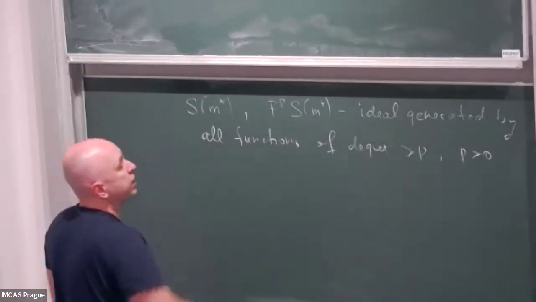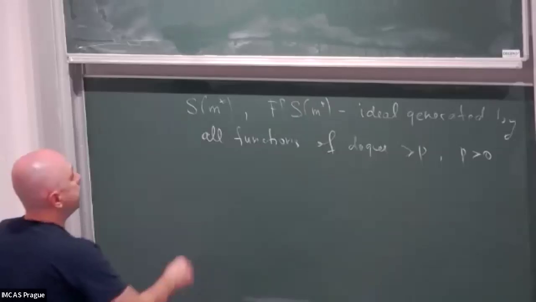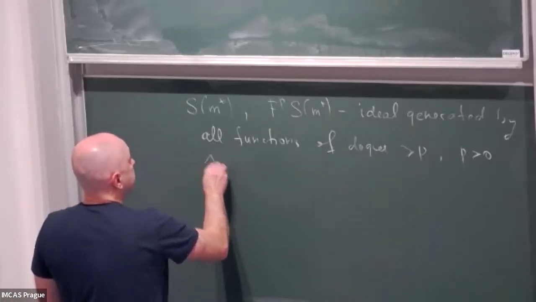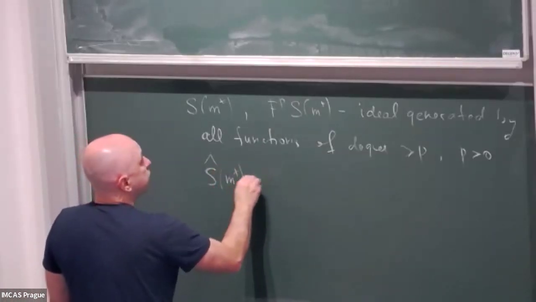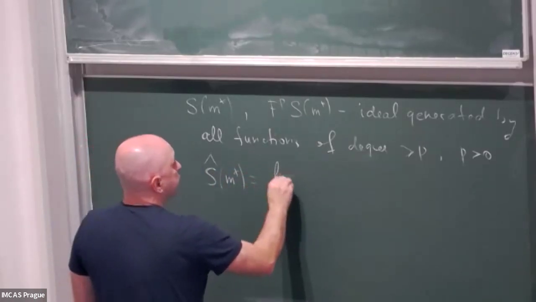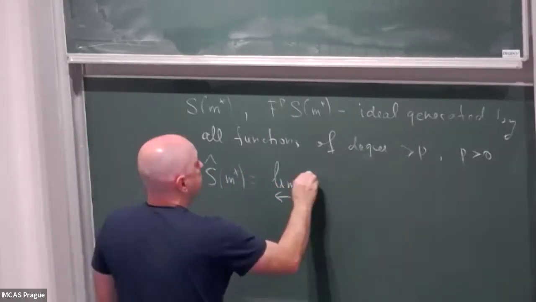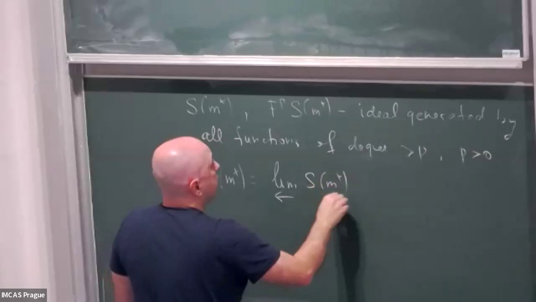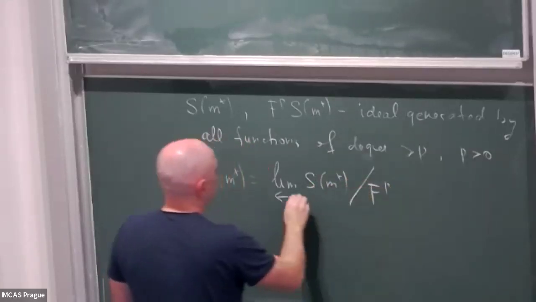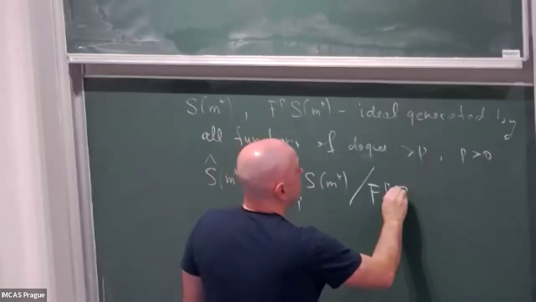So it will be a decreasing filtration. And let's take the completion of Sm star by use of this filtration. So this is the inverse limit of Sm star divided by Fp of Sm star, as p goes to infinity.